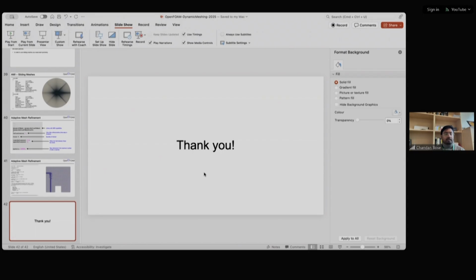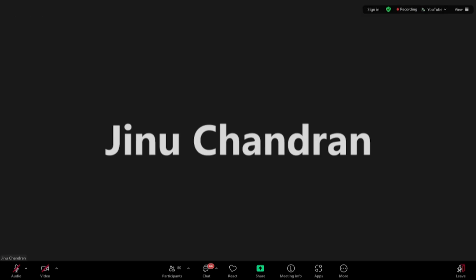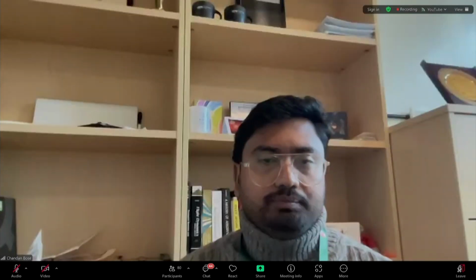Right. Sir, is learning Snappy Hex Mesh enough for OpenFOAM? Do we have to learn any ICEM CFD or any other software? It depends on the problem that you attempt to capture. Snappy Hex Mesh is good enough even for very complex 3D meshes, but it has known issues in capturing the boundary layer very well.